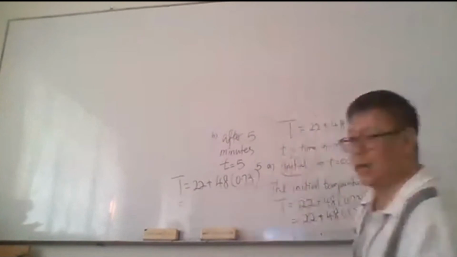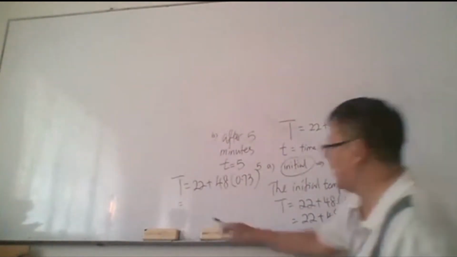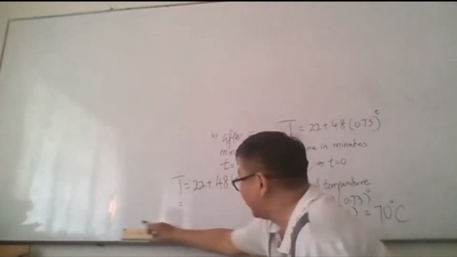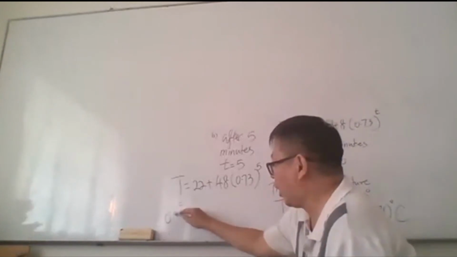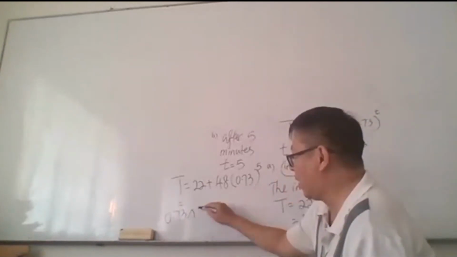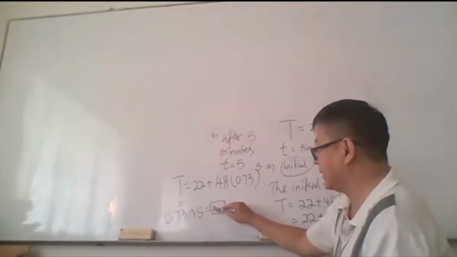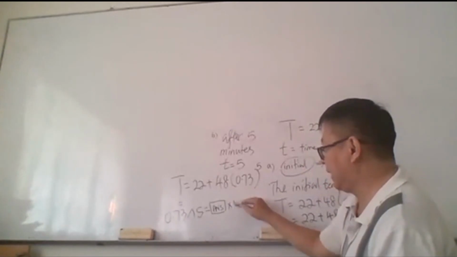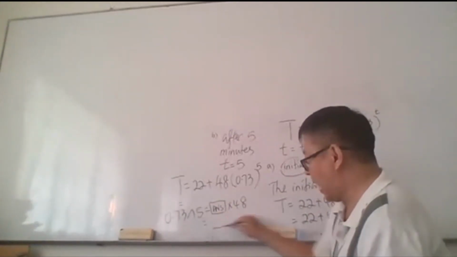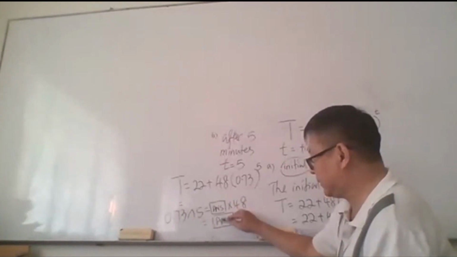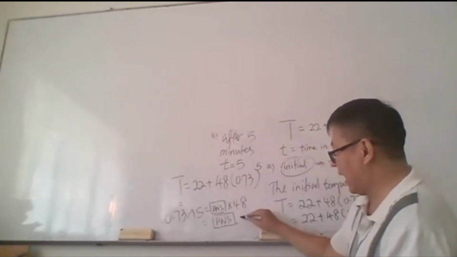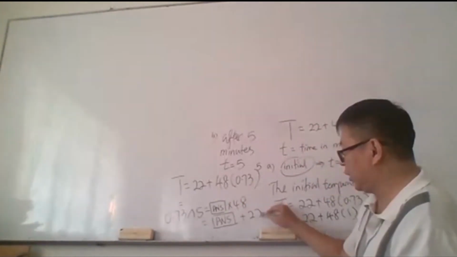You can use your calculator. For me, I will do 0.73 to the power of 5 and get the answer first, then multiply by 48 and get another answer. Finally, I will add 22.